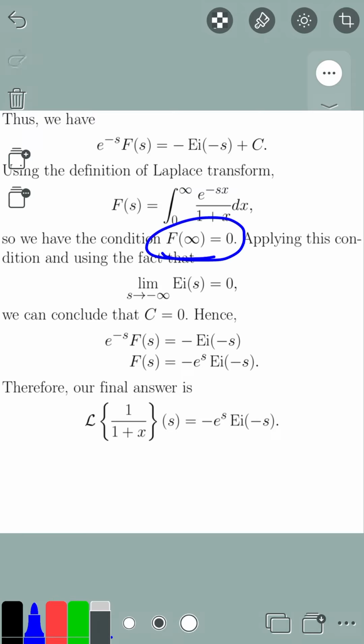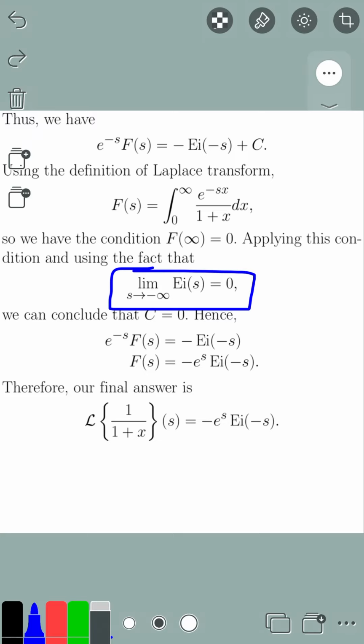So using this condition, and the fact that the limit as s approaches negative infinity of the exponential integral Ei of s is 0, that means the limit as s approaches infinity of Ei of negative s is 0.